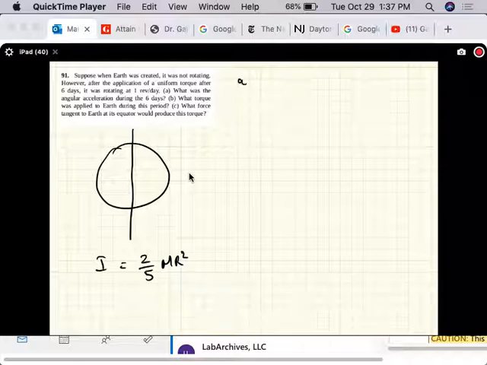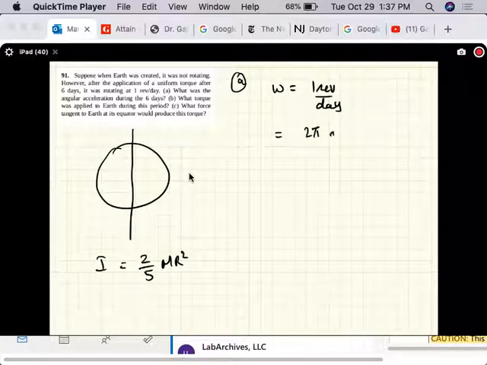So part A, the final angular velocity is 1 revolution per day, which is equal to 2 pi radians divided by 1 day, which is 24 hours times 3,600 seconds.